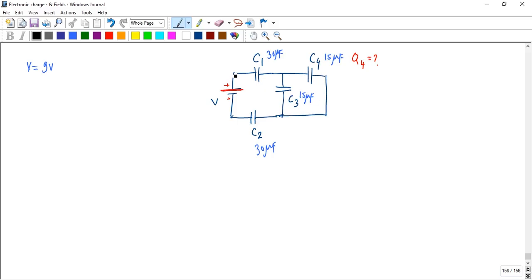Suppose I open the voltage source and view the circuit from this side. Then it looks like this: that's C1, that's C2, that's C3, and that is C4.